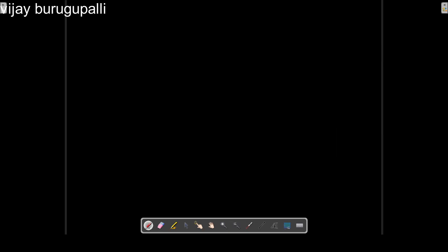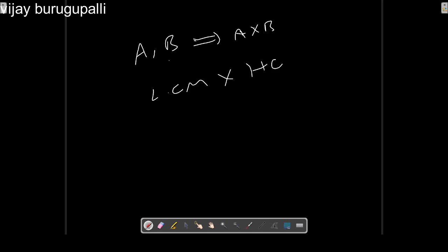One more thing about LCM and HCF is we can get the product of any two numbers by multiplying the LCM and HCF of those two numbers. For example, if you want the product of any two numbers A and B, we can obtain it by multiplying the LCM and HCF of those two numbers.